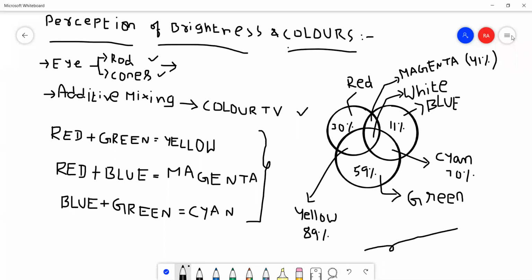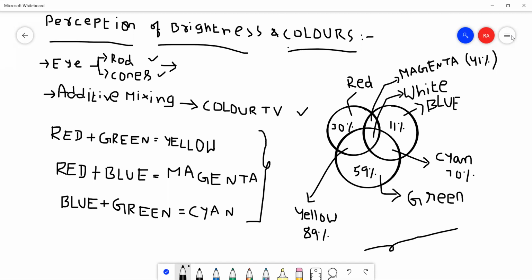If primary colors are mixed in proper proportion, they produce the complementary color.